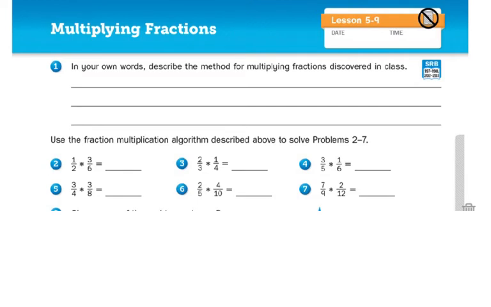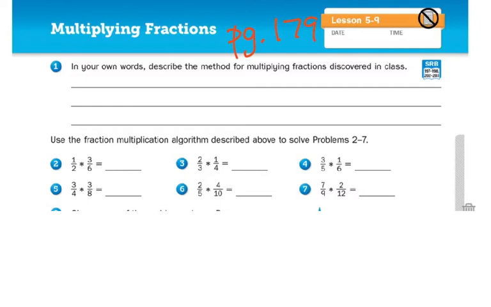All right, let's move into our math journal. We're going to start on page 179. Page 179. In your own words, describe the method for multiplying fractions discovered in your videos.